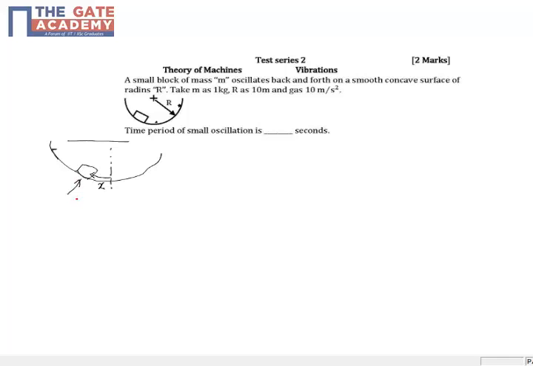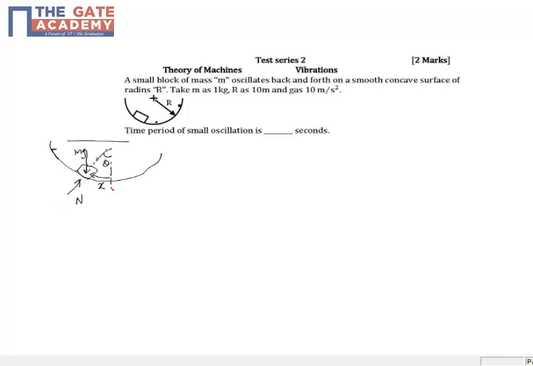So this is the normal force acting. Remember, it is normal to the surface, and mg is vertically downwards. This normal force will be meeting at the center, and let's say this is theta.